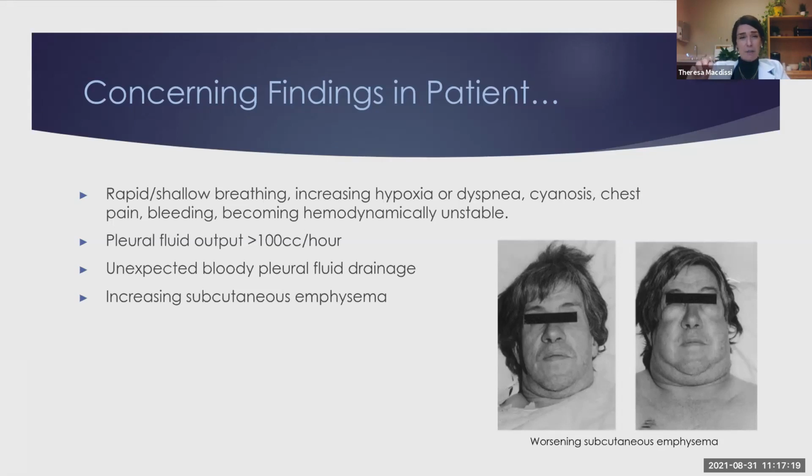If you push on a patient's skin that has subcutaneous air, it feels like Rice Krispies under the skin. It's usually not super painful, but it is something that you would definitely want to call a provider about if the patient is developing a lot of subcutaneous emphysema, especially if they just clamped their chest tube. So that air could be leaking out from the chest tube side and tracking up the skin.